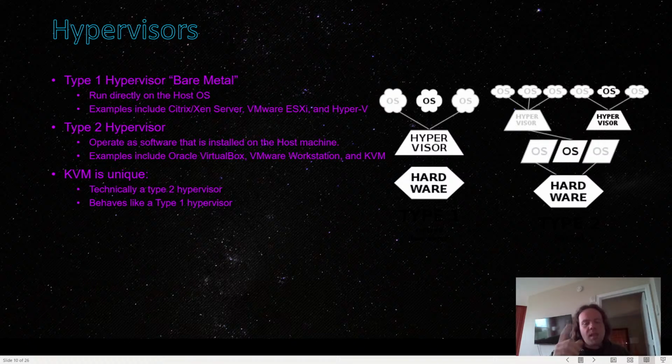That's it. But it doesn't use a middleman to talk to the hardware. It talks directly to it. So you get the benefits of both a type 1 and type 2 hypervisor. Type 1 meaning that it's wicked fast, near native speeds. But type 2, with its ease of installation and its customization.